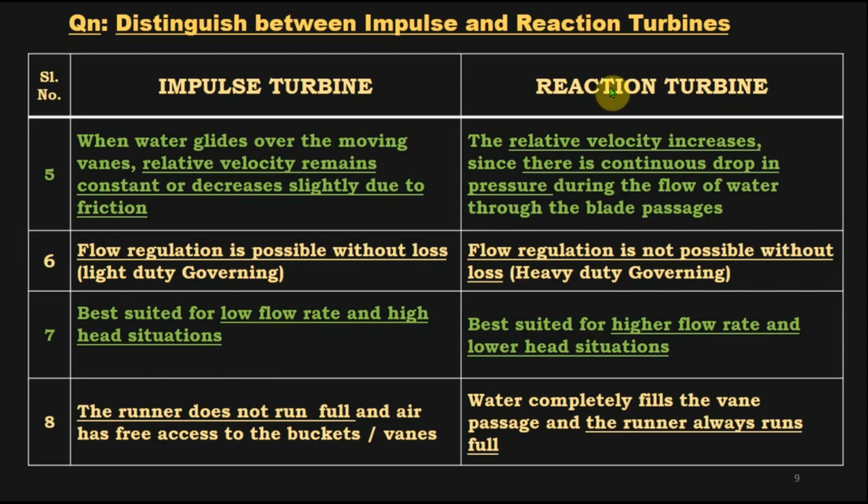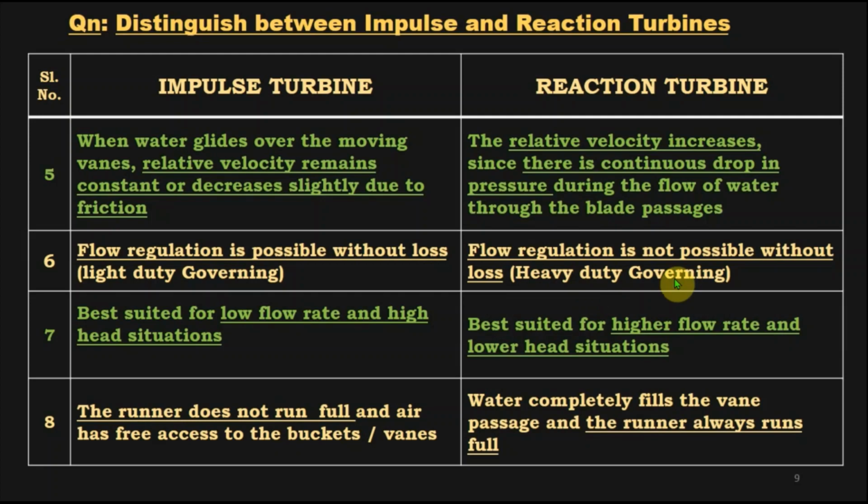But since the reaction turbines handle higher discharges, heavy duty governing is essential, especially for axial flow reaction turbines, which handle higher discharges. In a reaction turbine, the flow regulation is not possible without energy loss.